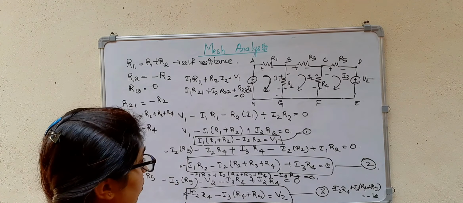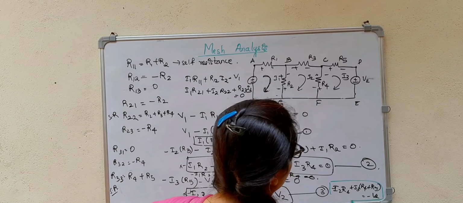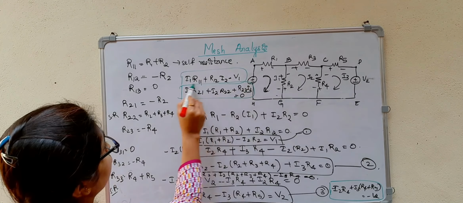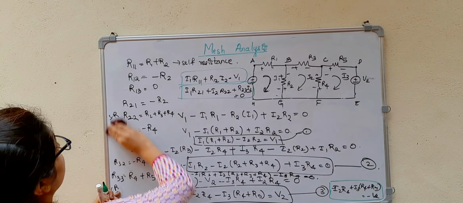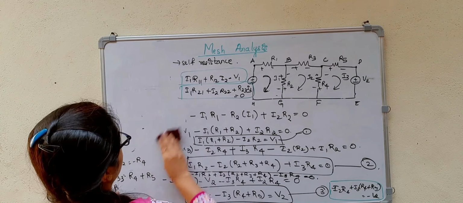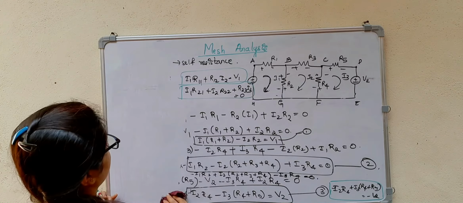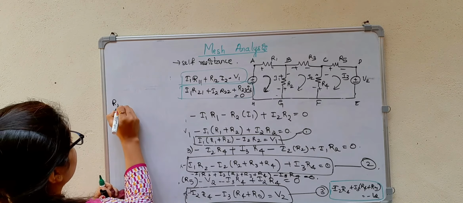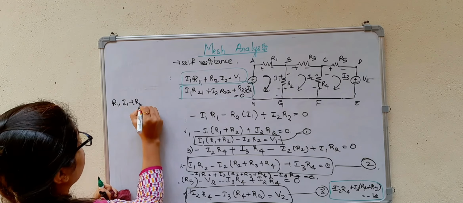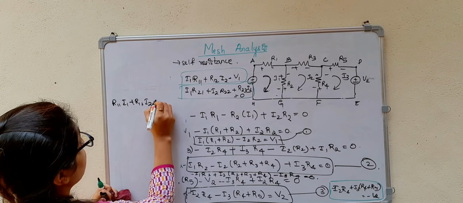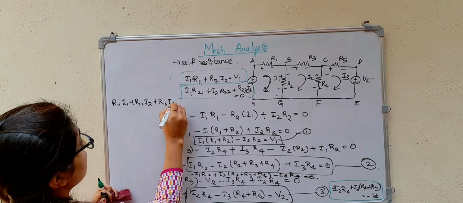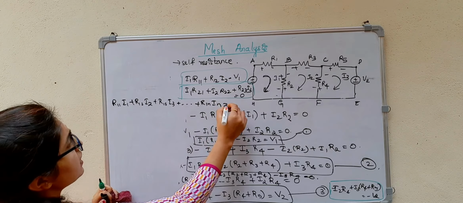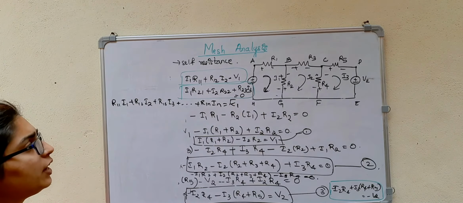So these three. From this we can write the general equations. R11 I1 plus R12 I2 plus R13 I3, and so on till plus R1n In, that is equal to E1.